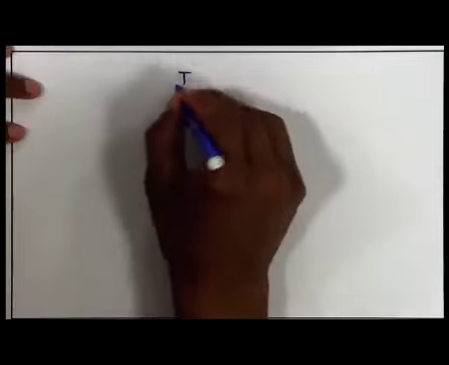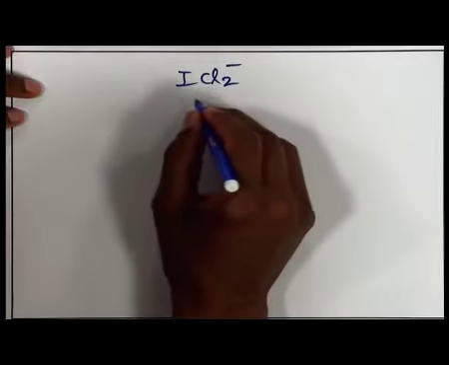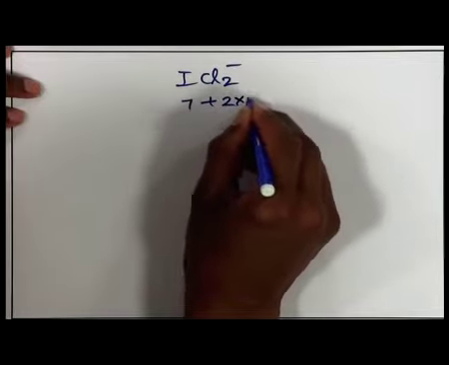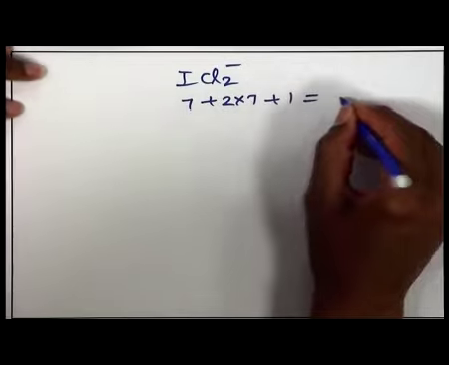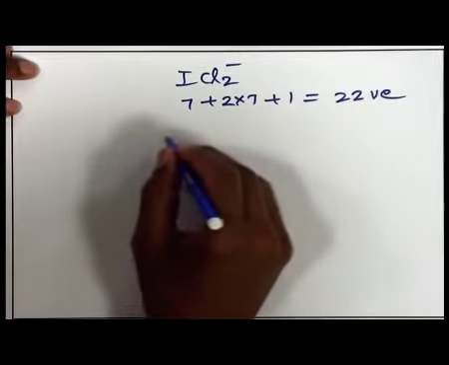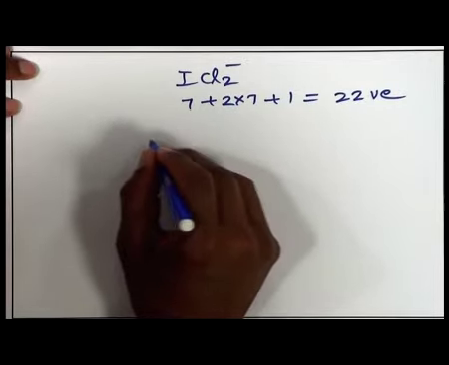Then another molecule is ICl2 minus. For that, you can calculate the valence electrons. Iodine valence electron is 7, plus 2 into 7 for chlorine, plus 1 for the charge, in total 22 valence electrons. So you can draw the approximate shape of the molecule.